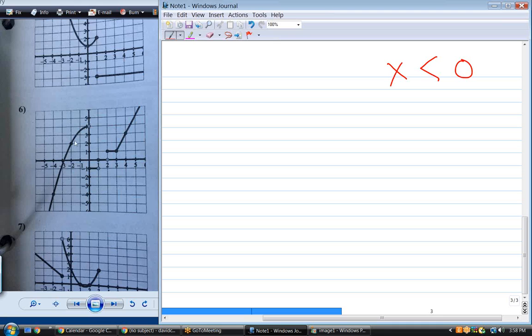Oh, sorry, I was looking at the y value. Remember that when we're talking about the right part of these piecewise functions, we're always talking x. We're only talking domain. It's less than 0 because that's an open dot right there. Okay. Now, let's go ahead and figure out what that function is. It looks to be something like this.